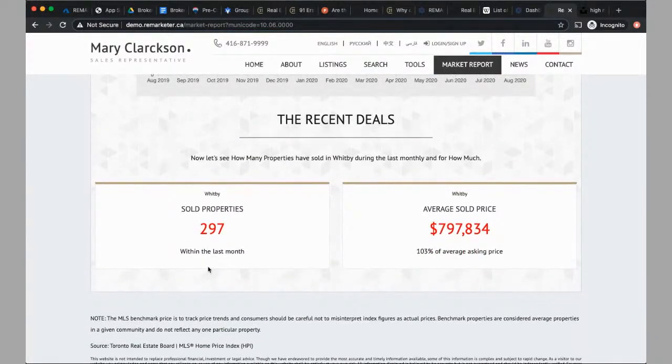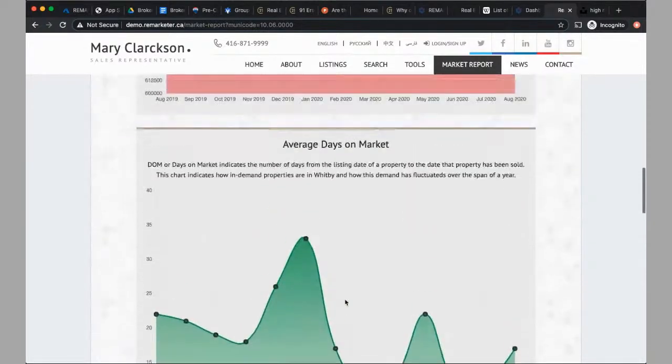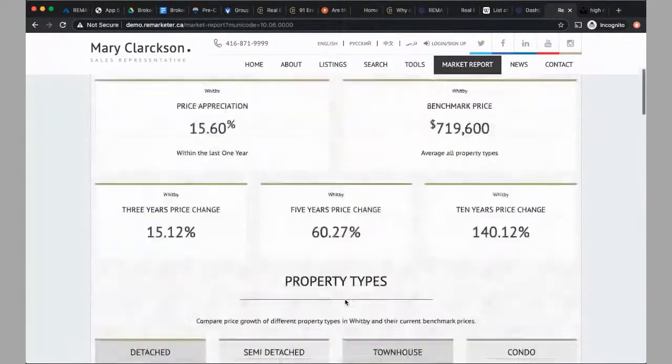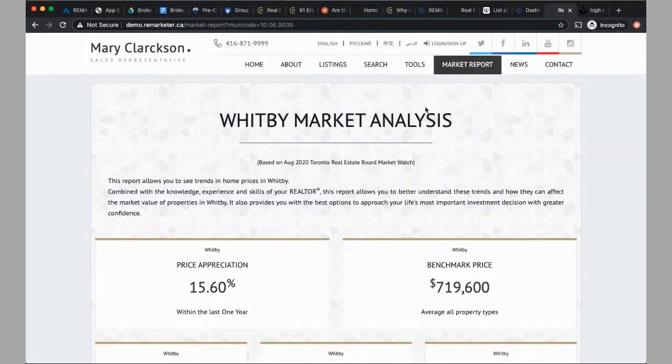We also show you the most recent activity, as well as the average sold price for the most recent properties that were sold in the market. So this is quite a general overview you have available over here. So I'll come back to this.